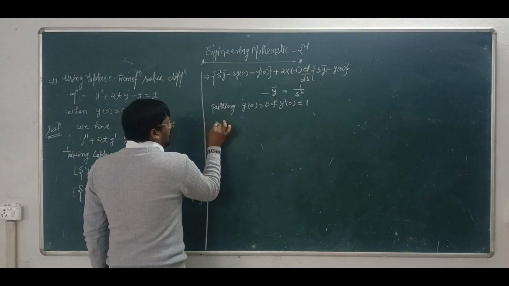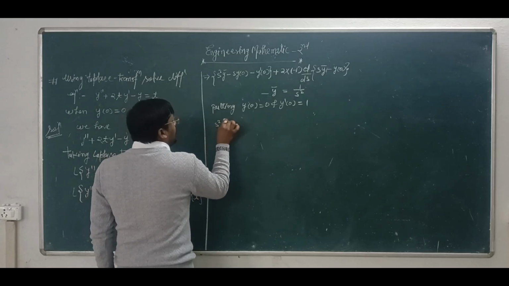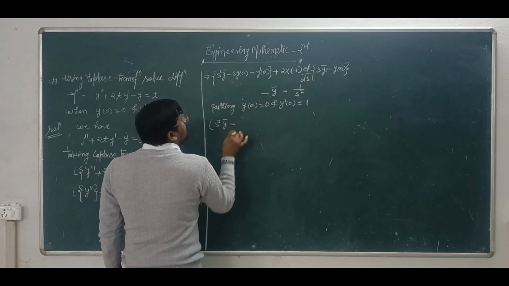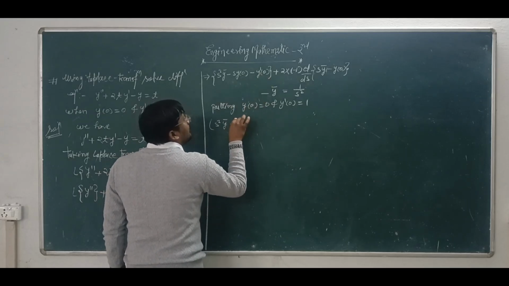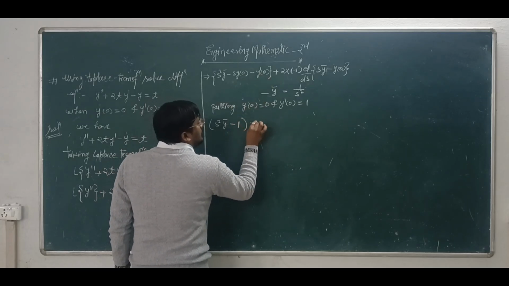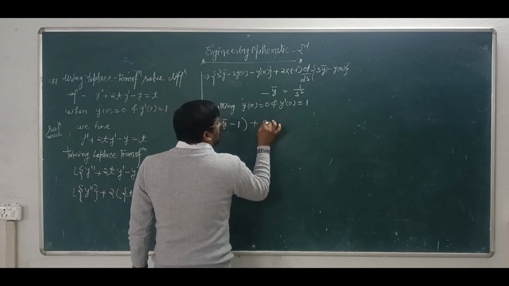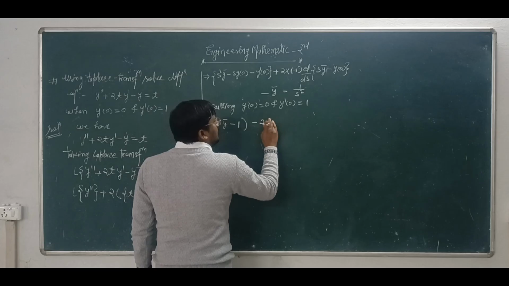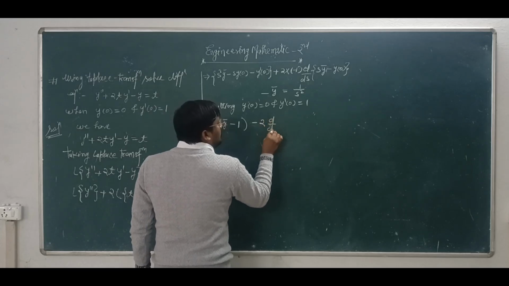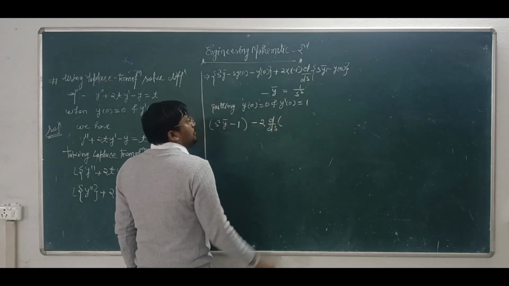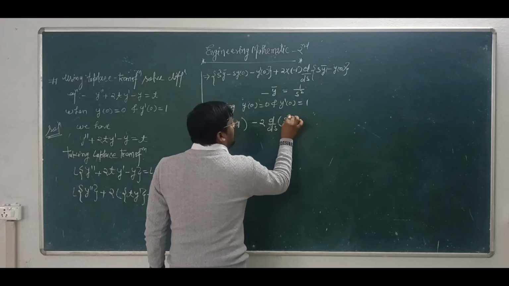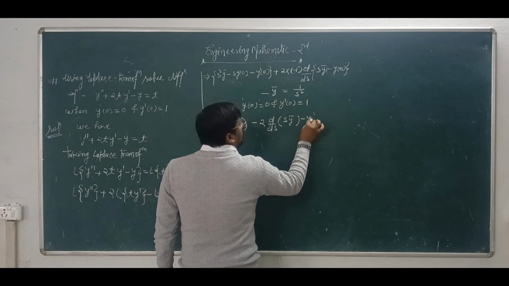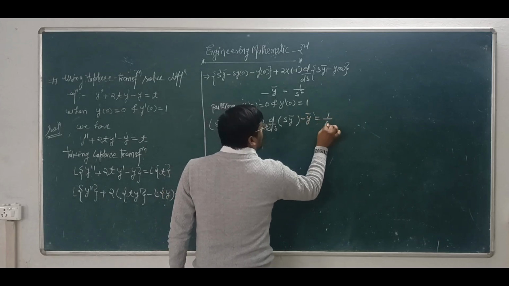Now s square y bar minus s y0 means 0, minus y dash 0 means 1, plus minus 2 into differential of bracket, putting the value of y0 this means 0, minus y bar is equal to 1 upon s square.